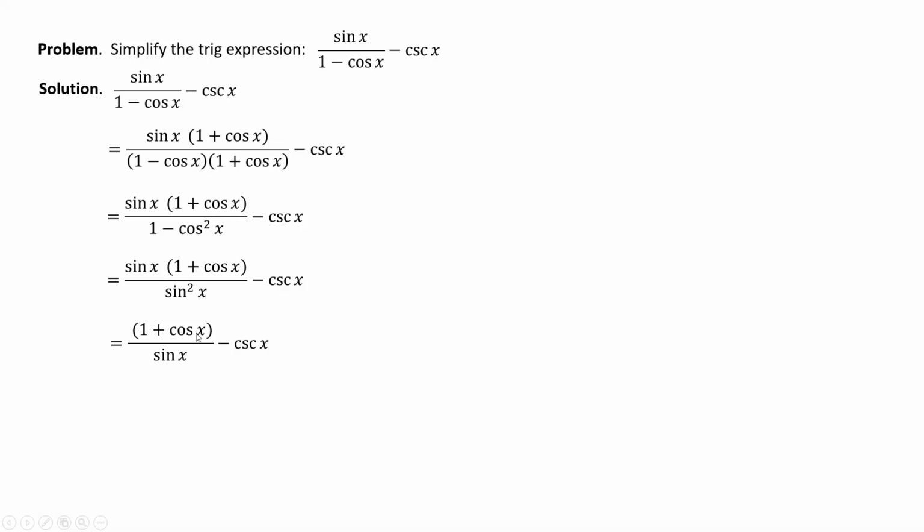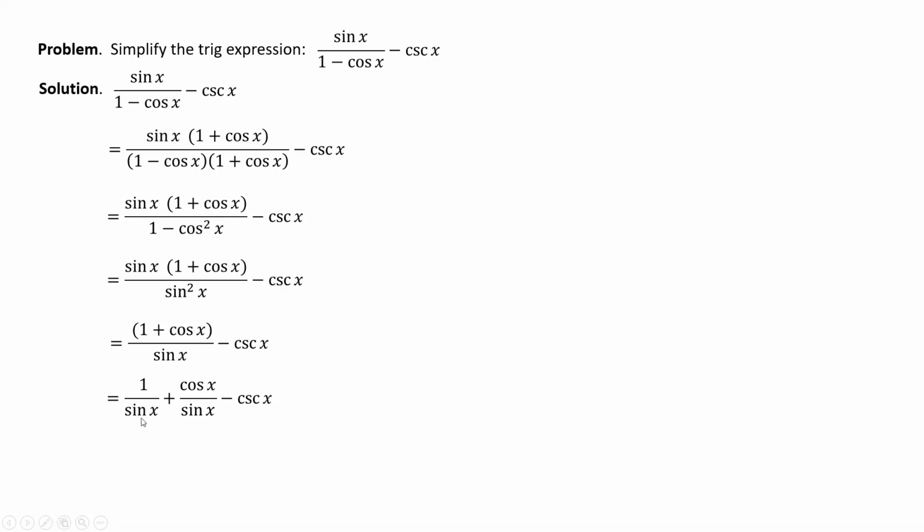Now look at this. Is this in the form of a plus b over c? In that case, could we split this into two fractions, a over c plus b over c? Yeah. Let's do that and then I'll show you.